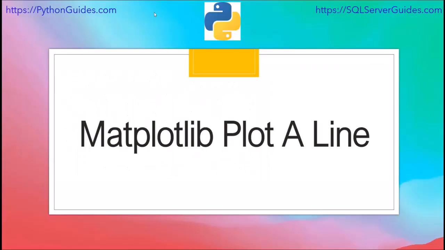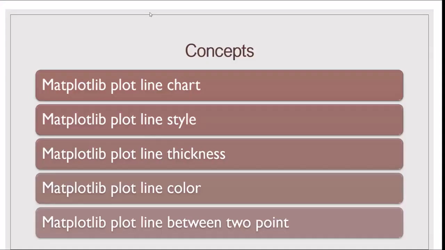And today we will learn Matplotlib plot line. Recently we got a requirement to create a video on how to plot a line chart using Matplotlib. So today in this video we will learn the following concepts with their execution. First, we will understand what a line chart is. Then we will learn how to change the style of a line chart. We will also learn to change the thickness and the color of a line chart.